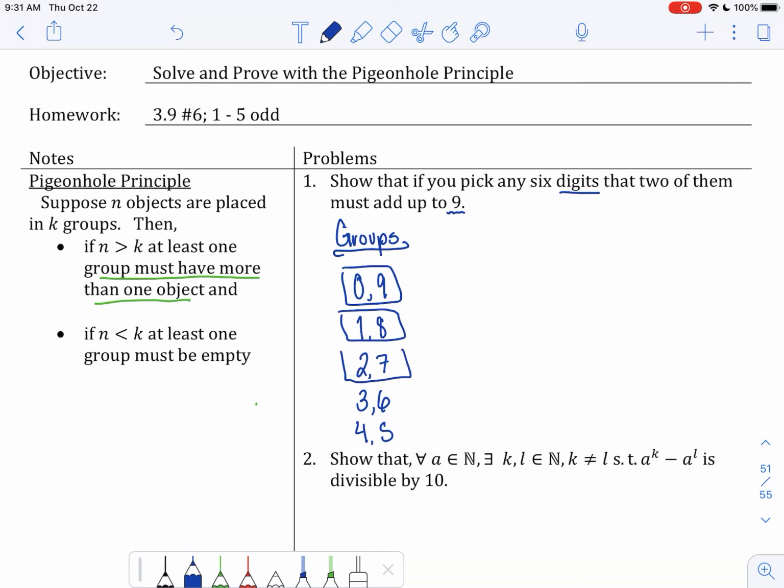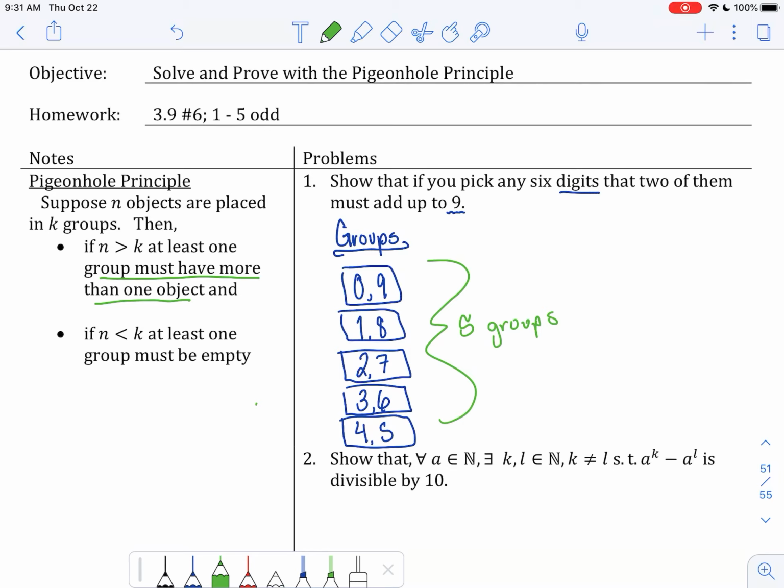We have 1, 2, 3, 4, 5 groups of 2 digits that add up to 9. Now, you'll notice I said that there are 5 groups. Since we're picking 6 digits, even if I pick 0, 1, 2, 3, and 4, the 6th one I pick has to be one of the other pairs.